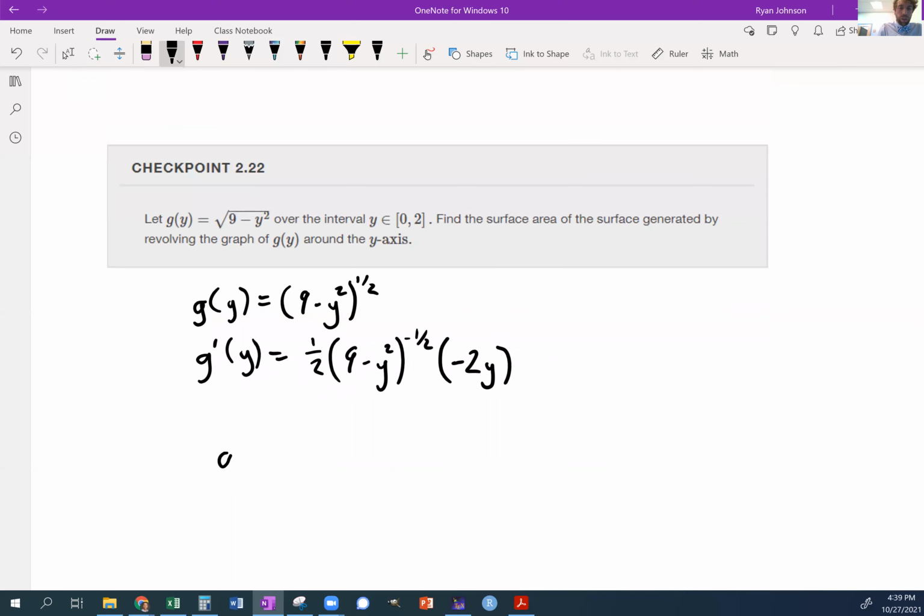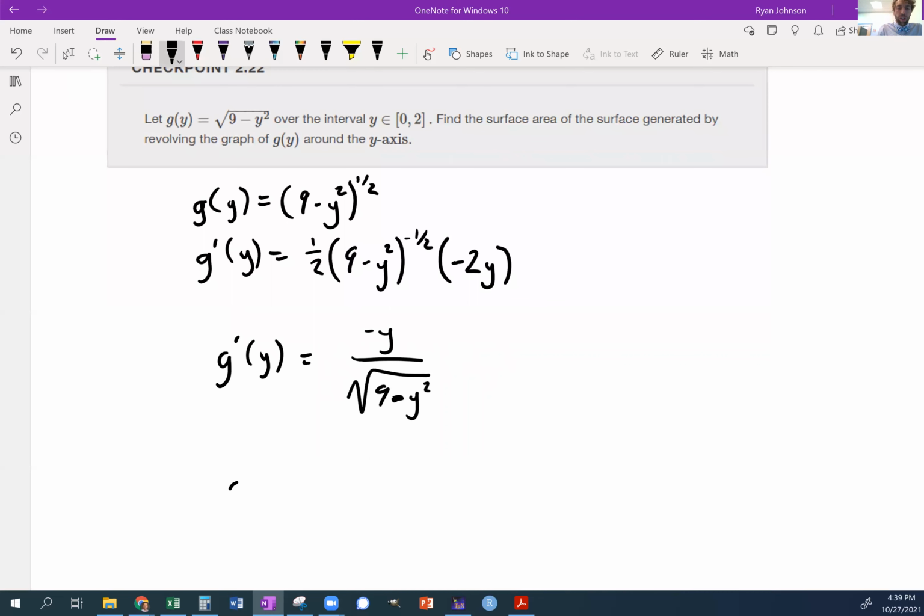So another way to write g prime of y: the 1/2 and the 2 cancel out. So I'm left with negative y, and then divided by, since a negative 1/2 power means dividing, the square root of 9 minus y squared. Okay, so then g prime of y squared is y squared over 9 minus y squared.